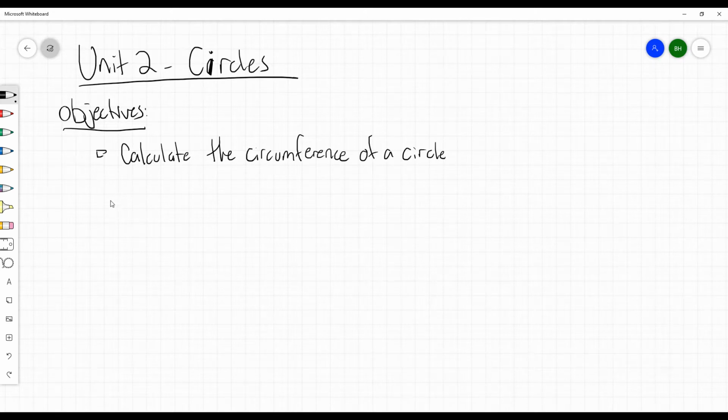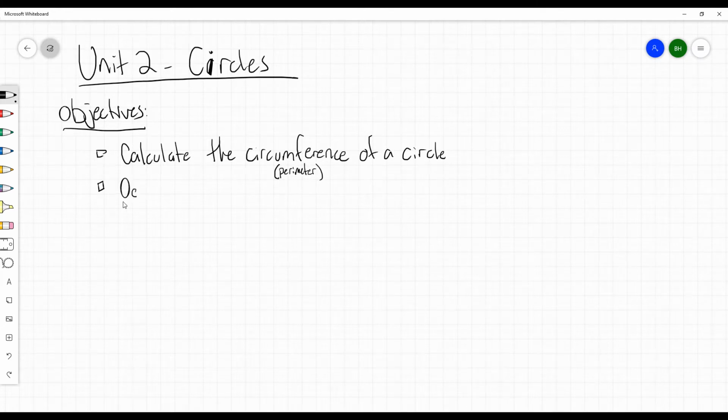The circumference we'll talk about in just a little bit. It's similar to the perimeter, although since a circle arguably has one side, some people say it has no sides, we can't calculate it the same way, the perimeter that is, as any other shape that has multiple sides.